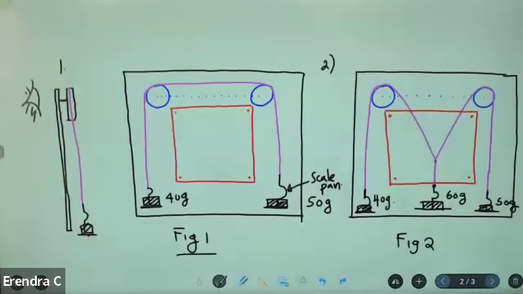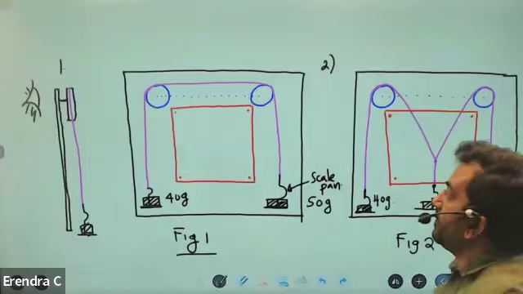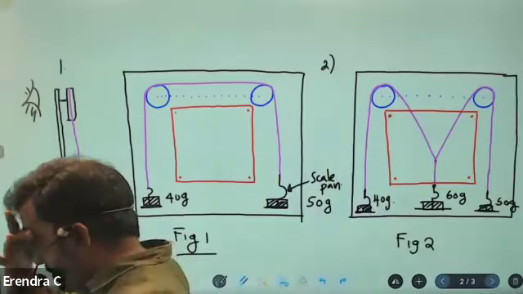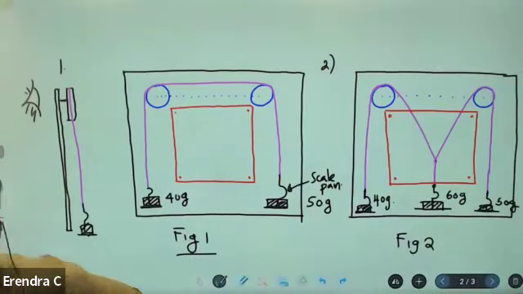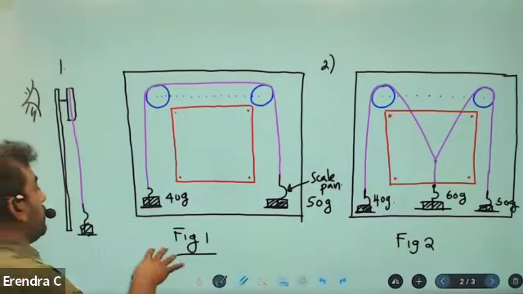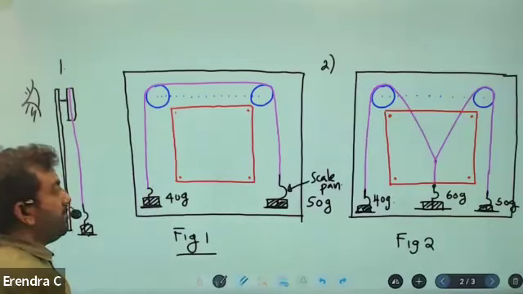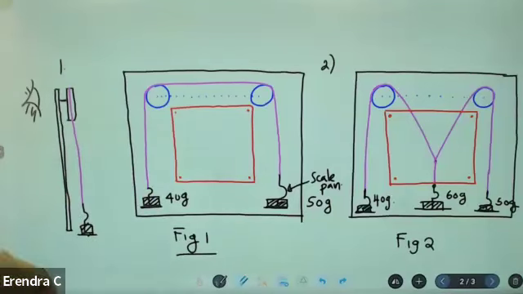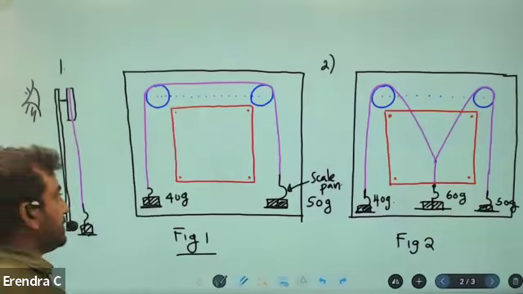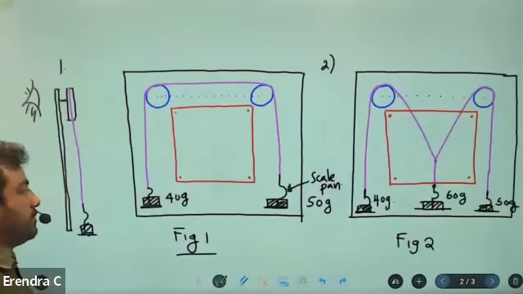And this will form a Y-shaped system as indicated below.